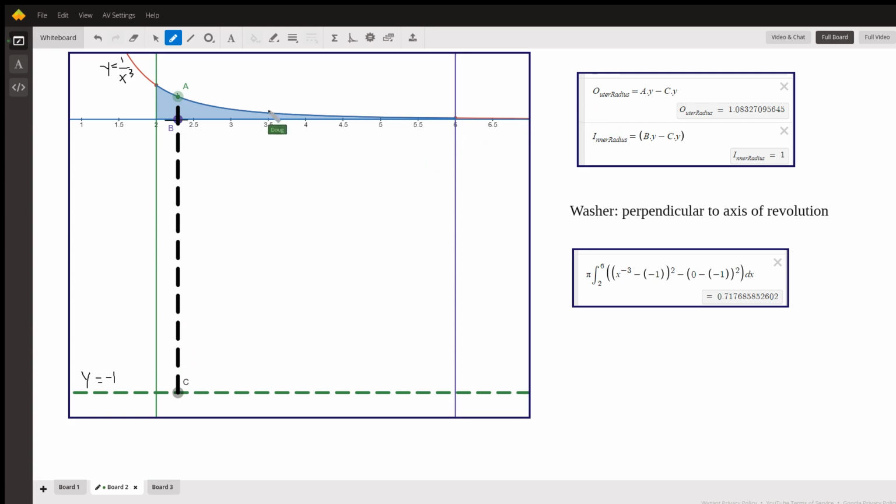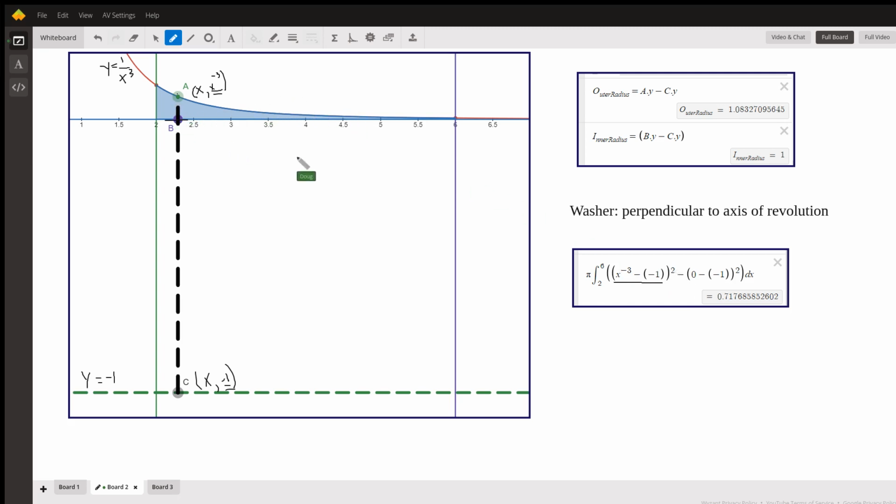So the outer radius is a dot y, the y coordinate at the top, minus c dot y, which is really the point x comma x to the minus 3. And this is really the point x comma minus 1. So the outer radius is this y coordinate minus this y coordinate. And that's what this is right here. It's the outer radius squared.